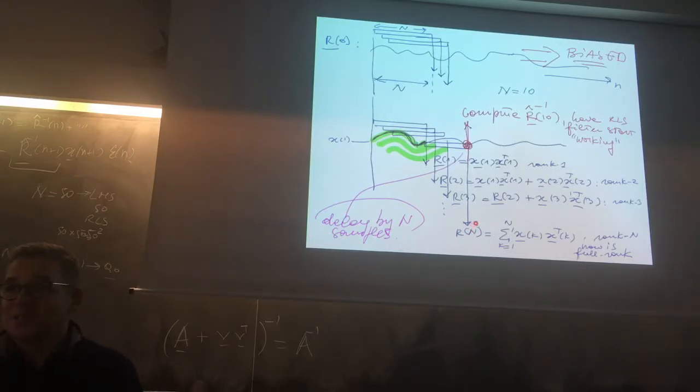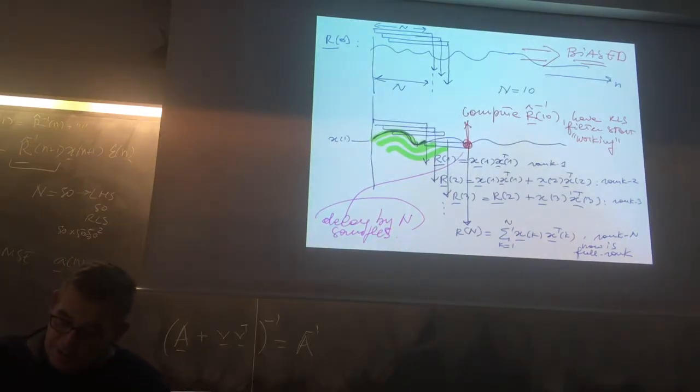After 10 samples, it is full rank, which means it fulfills the condition to compute the inverse, but it's not reliable enough to make the output of the filter reliable itself. So this is the reason why it's recommended. Let me write the suggested in green.